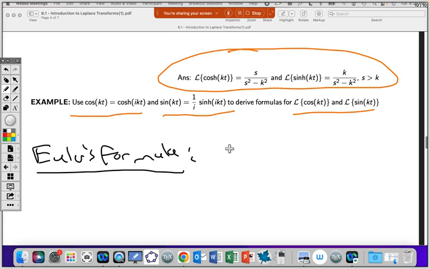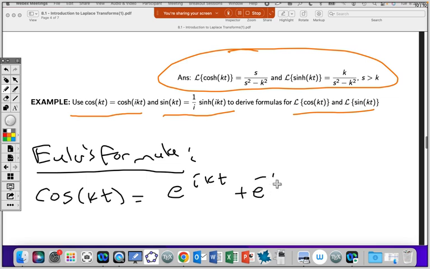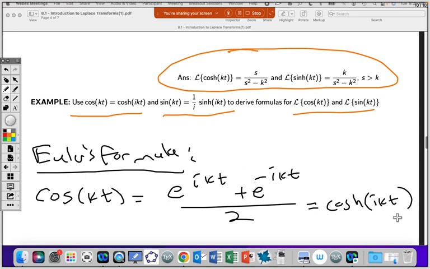So with Euler's formula, you can derive the fact that cosine of kt is e to the ikt plus e to the minus ikt all over 2, which is just cosh, but instead of cosh of kt, it's cosh of ikt. So all you got to do is replace.